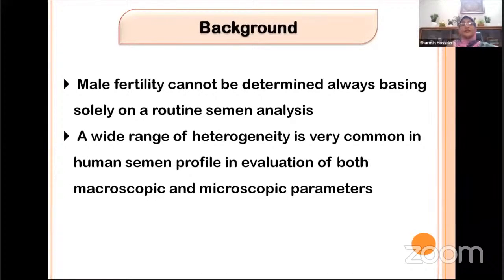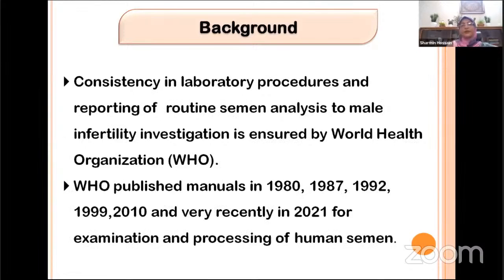A wide range of heterogeneity is very common in the human semen profile in evaluation of both macroscopic and microscopic parameters.